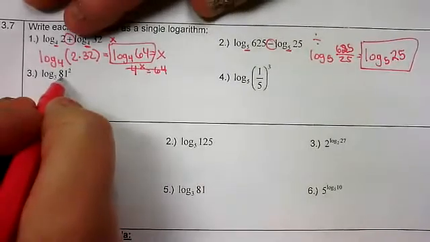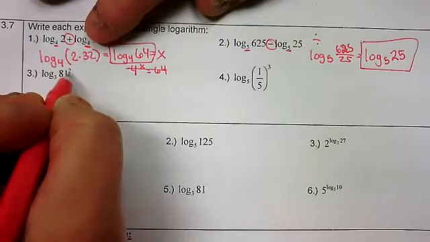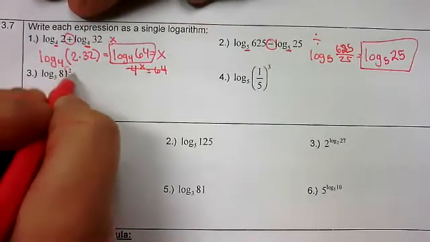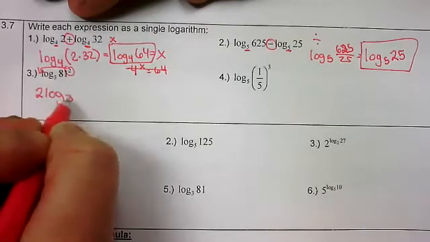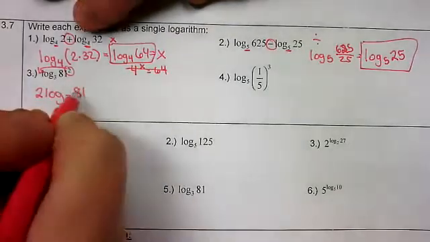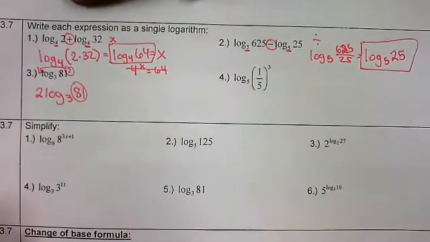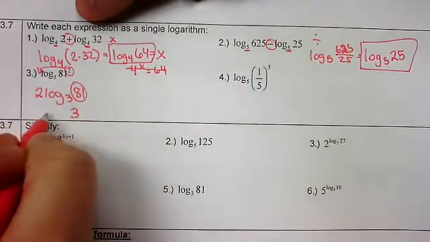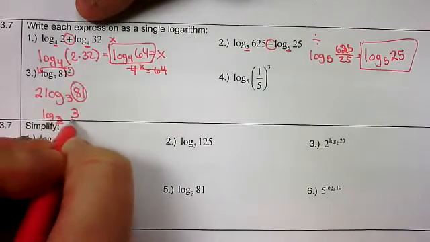So this one right here, we're going to simplify. You see we have 81 squared. Well, this squared needs to move to the front. So that becomes 2 log base 3, 81. Let's see if we can get anything to cancel. We want it to have the same base and argument.